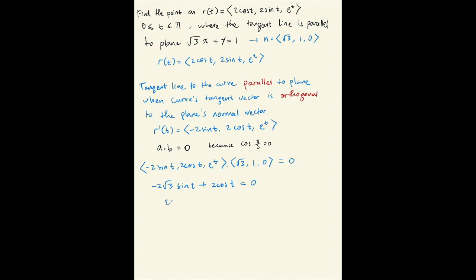You rationalize this, you get this number, which means t is pi over 6, right? The tangent is 1 over square root of 3. So t is pi over 6 because our boundary is from 0 to pi.